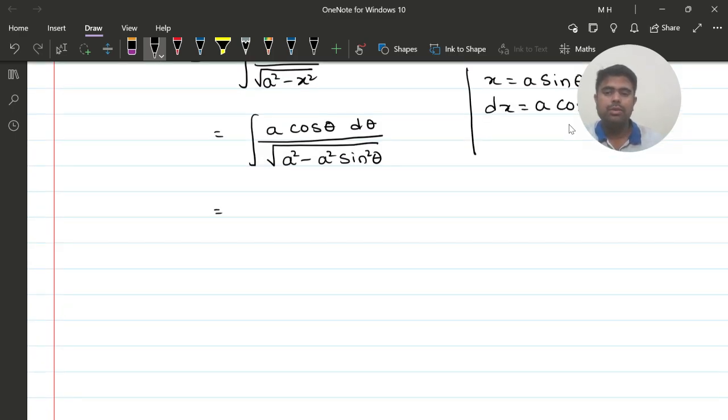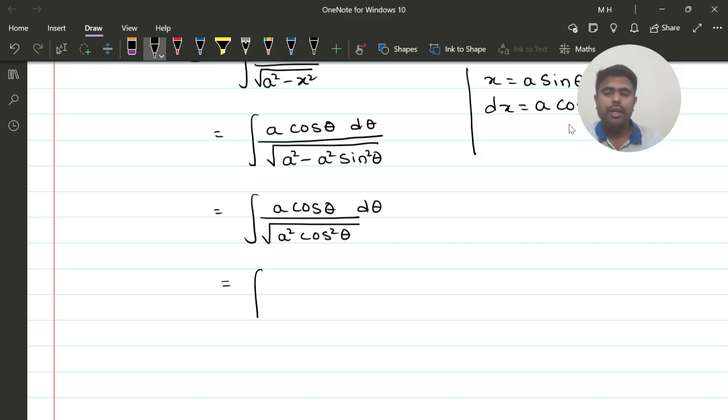This is equal to the integral of a cos theta d theta divided by under root a square. Taking a square common, what will I be left with? First term only 1, and here sin square theta, so 1 minus sin square theta is what? 1 minus sin square theta is cos square theta, so I'll write it down as cos square theta.